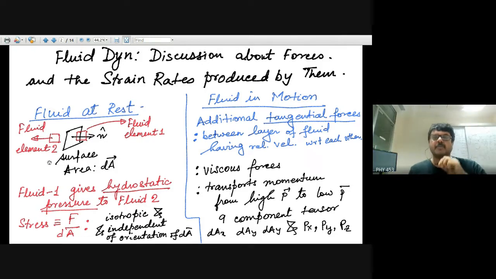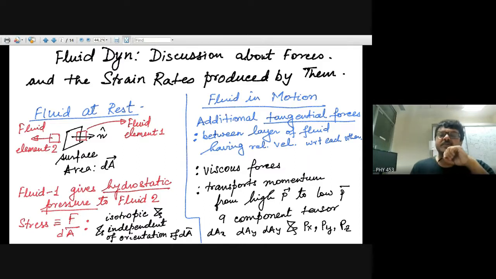Now, slightly complicating the matter, if the fluid is in motion, there will be additional tangential forces. If this is the surface element, the hydrostatic pressure was acting normal to the surface element. But if the fluid is in motion, you can have additional tangential forces acting. So if this is the surface, there could be forces acting in this direction, whereas this is the normal to the surface.